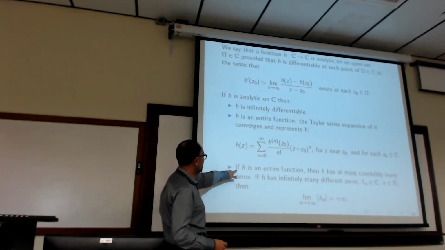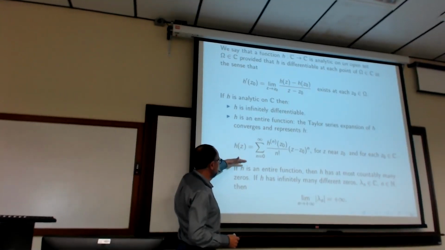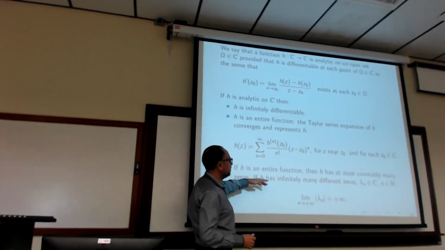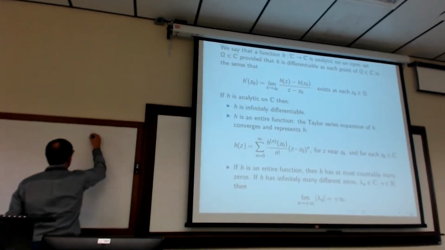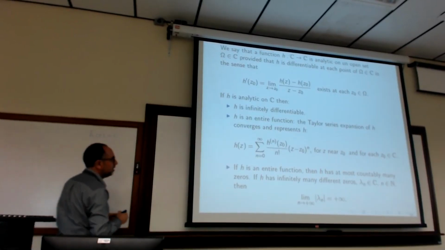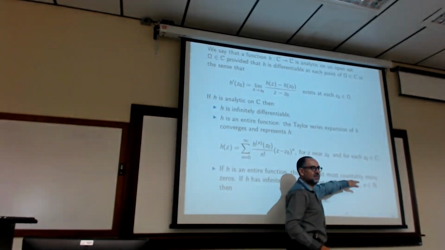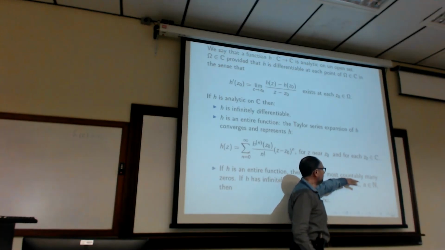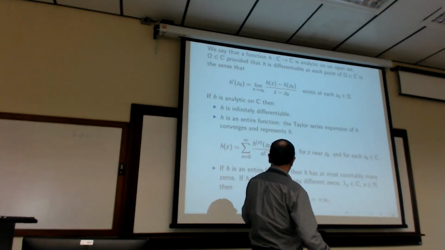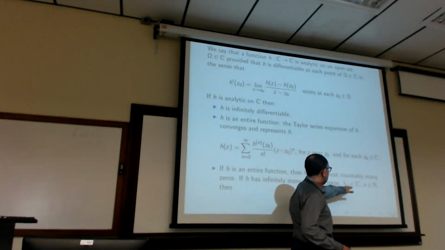And we have also, if h is an entire function, that means if it's analytic, then the number of zeros of this function, that means solving this, the number of roots of this function, can be finite, but almost all the time they are countable. That means you have many, but you can arrange them like a sequence in the complex numbers.